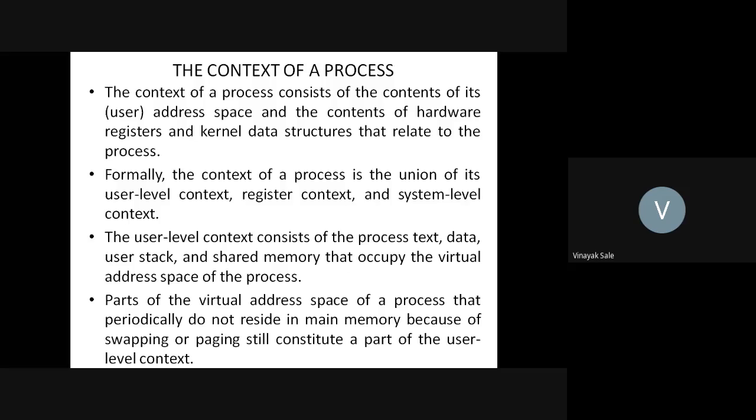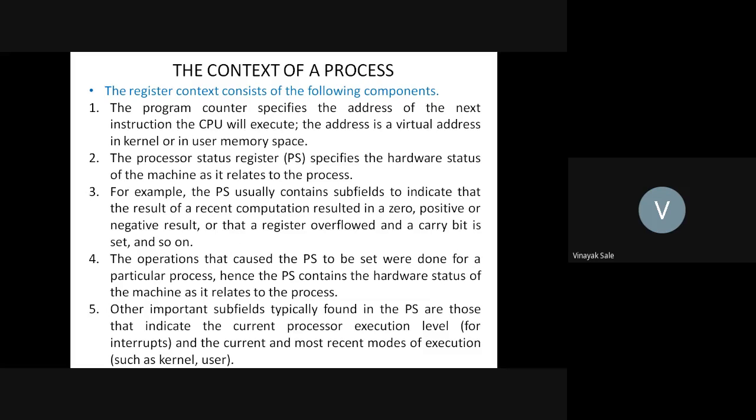The part of the virtual address space of a process that periodically does not reside in main memory because of swapping or paging still constitutes a part of the user level context. So the context of a process consists of the following parts.